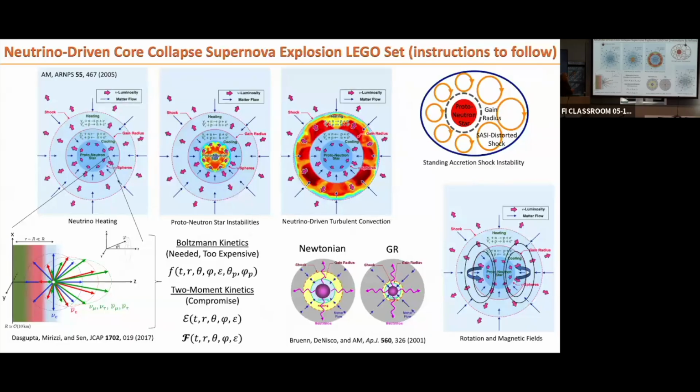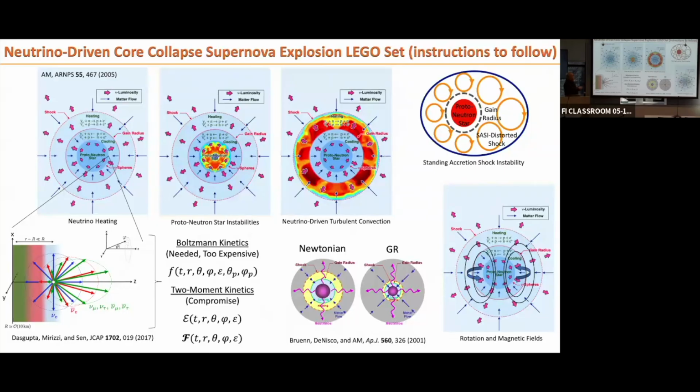But it turns out that they have different radial dependencies. And you wind up stratifying this medium into a net cooling layer and a net heating layer. And the radius that separates them in this nice, neat spherical picture, which of course is not quite the reality, is called the gain radius. So above the gain radius, we can basically deposit energy in the net.